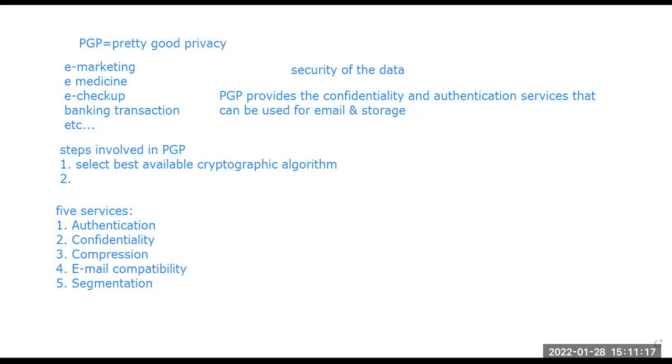Now, if we discuss one by one, first let us talk about authentication. What is authentication? What is the sequence of the authentication process? First, the sender creates a message. Then the SHA-1 algorithm is used here to generate a 160-bit hash code for the message.